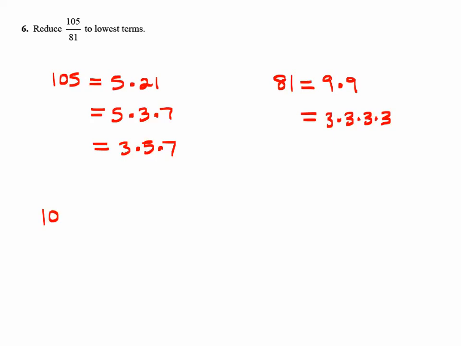So then we say 105 over 81 really is 3 times 5 times 7 over 3 times 3 times 3 times 3.